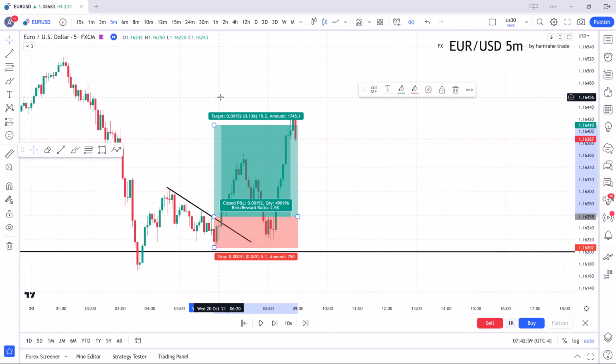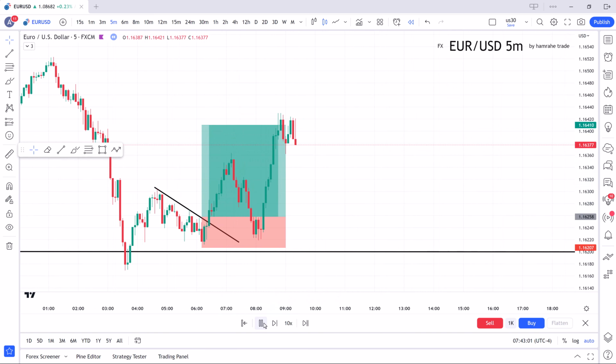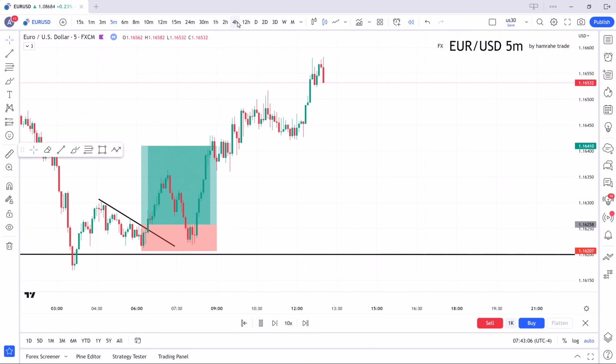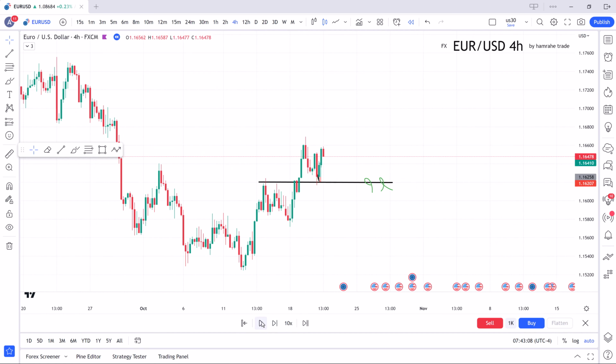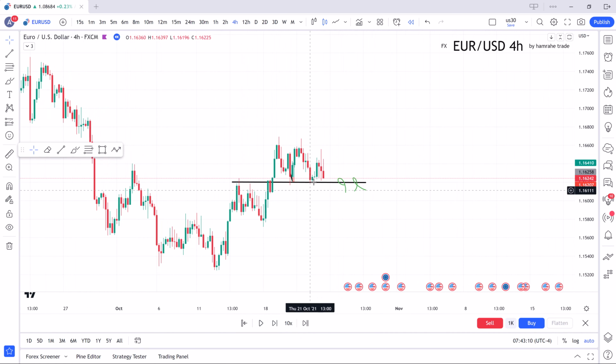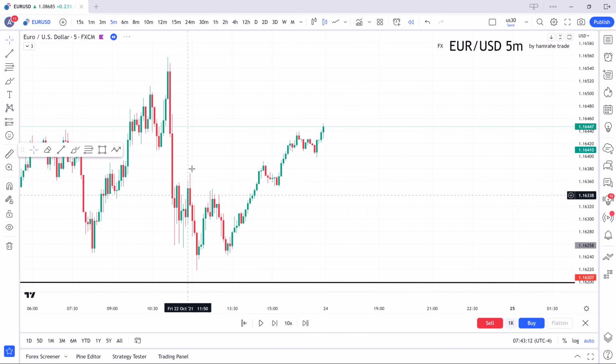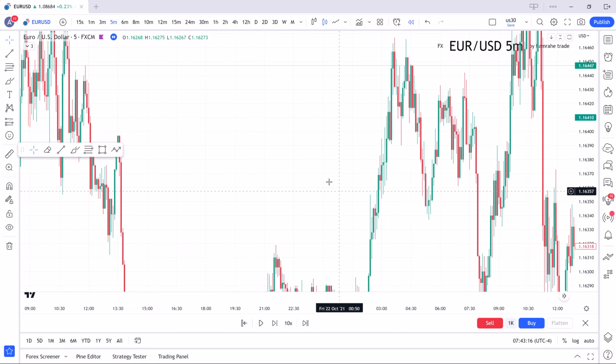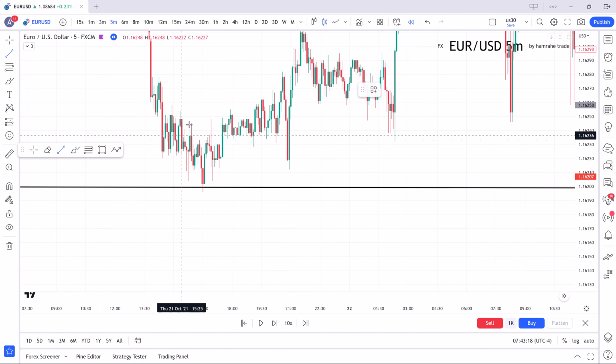Where is that line position? And you can see the results right now. And it will come back eventually, again 5 minutes because this movement is a little bit small for 4 hour. On 5 minutes you can see this good classical channel.